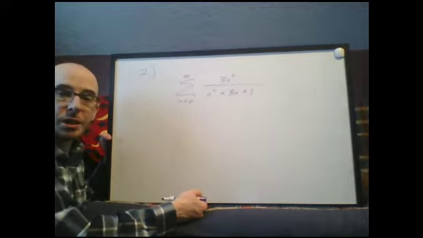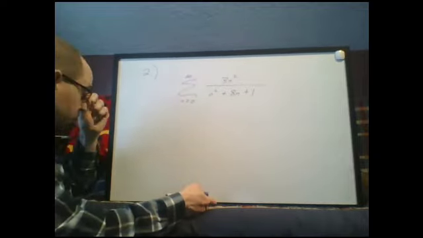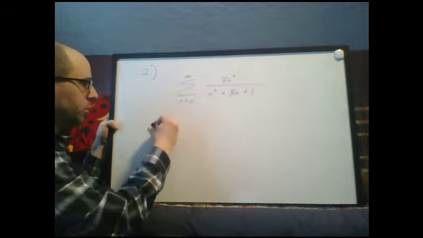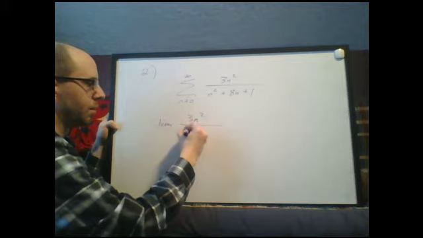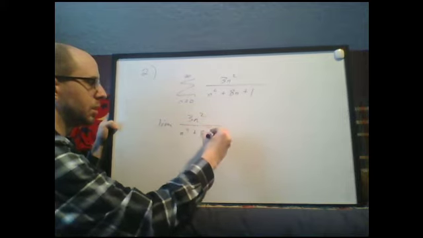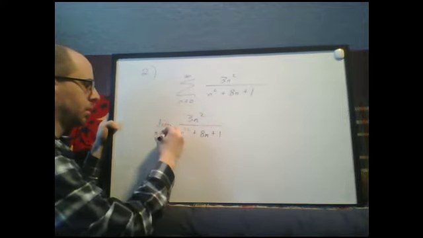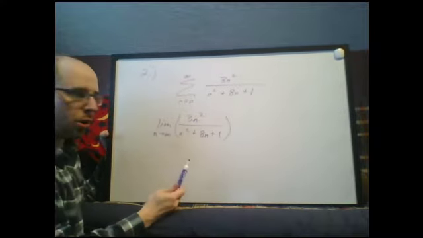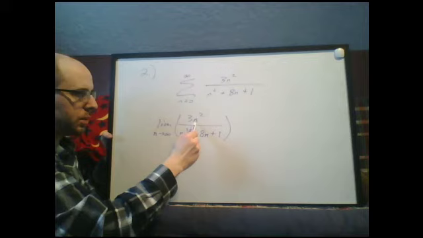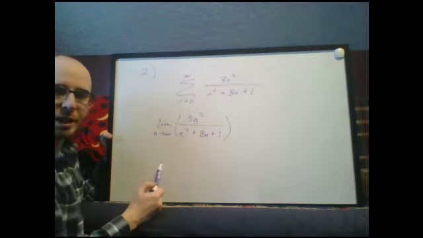Or the divergence test. So we look at this, and we look at the limit of this sequence. And without going through all the work again, we've got a rational expression with n squared on the top and the bottom, so the same degree.